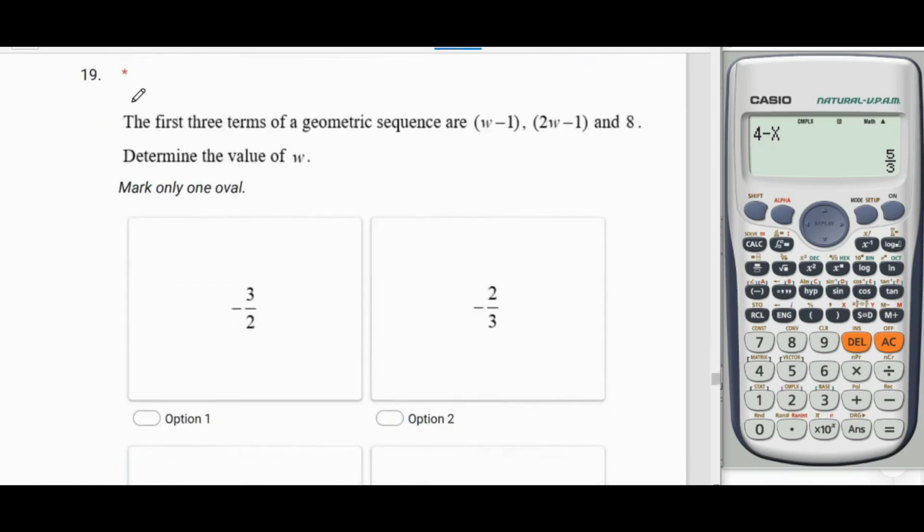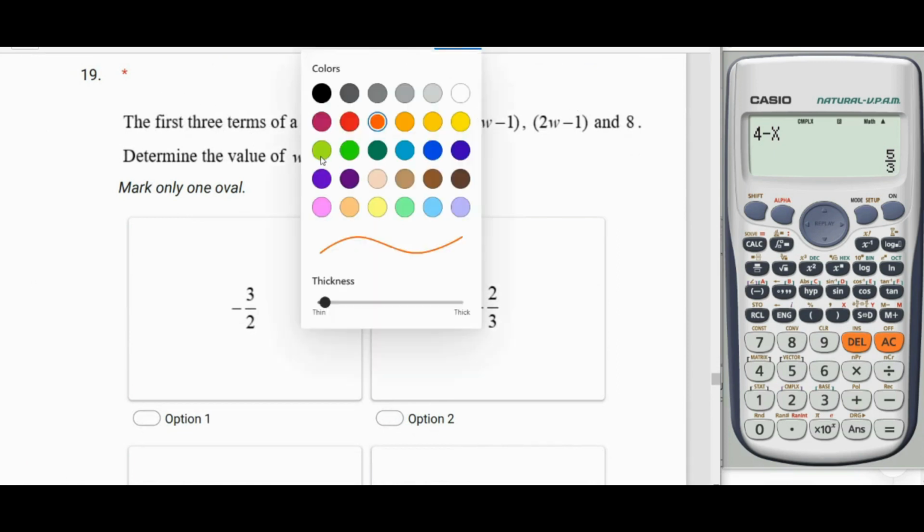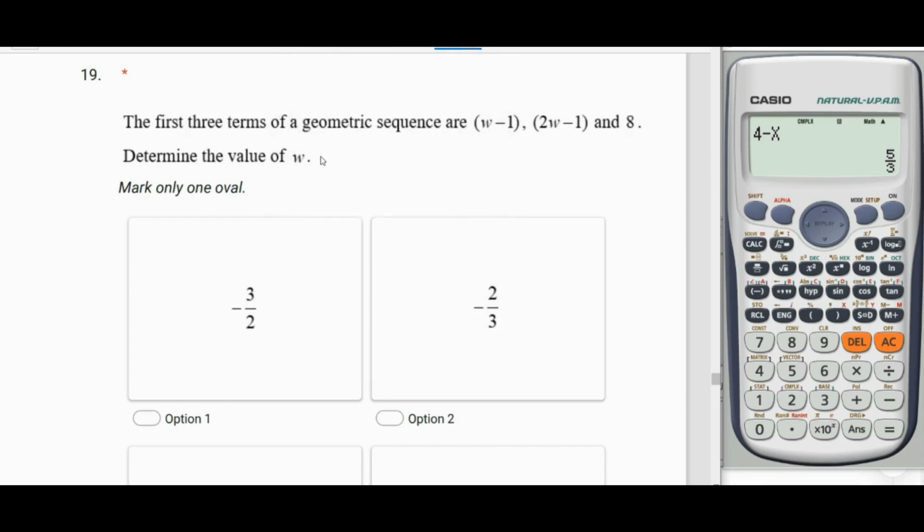Then we go for this. They say these are the first three terms in your geometric progression, and then determine your W. When we say geometric, it means they have the property of a common ratio. The second term divided by the first term, this common ratio must be equal to the third term divided by the second term. So to simplify this, we do cross multiplication.